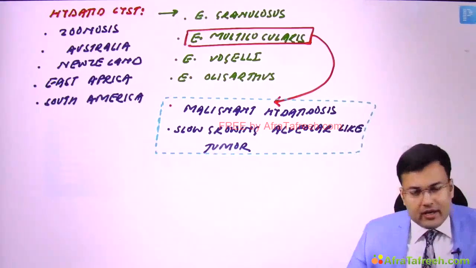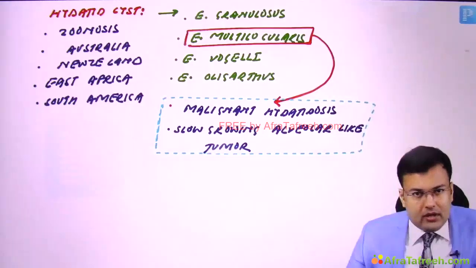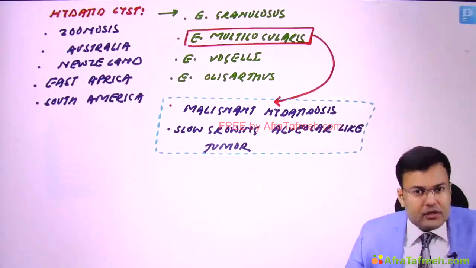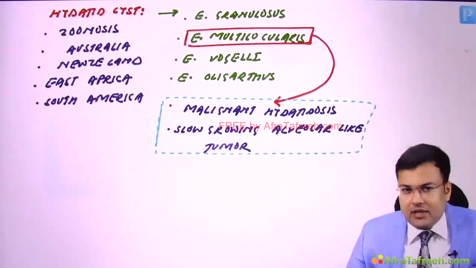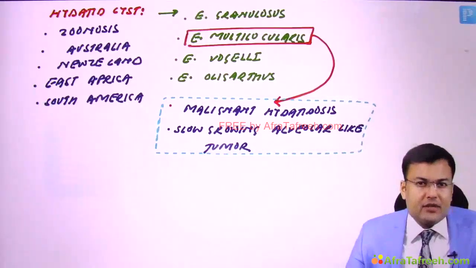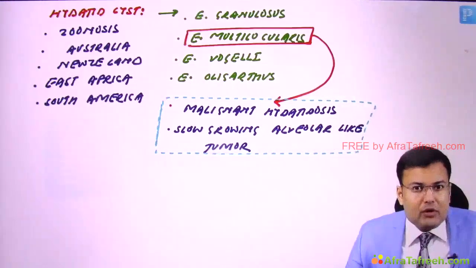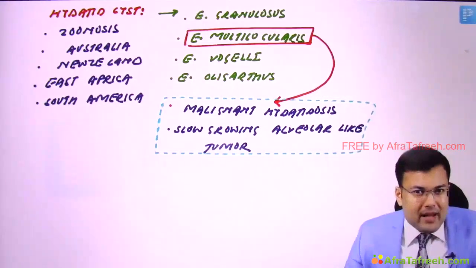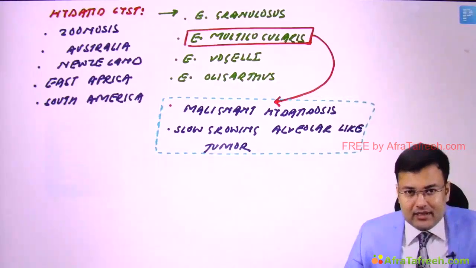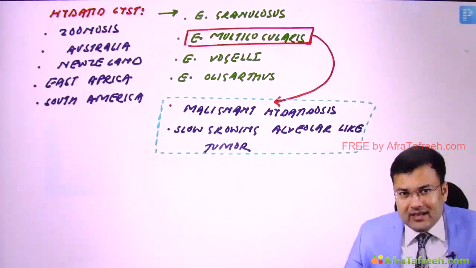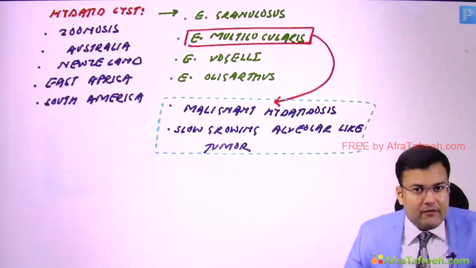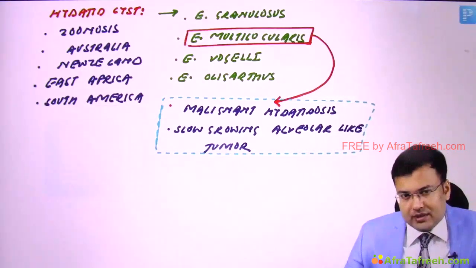Okay, so this is the organism. After that, what is the host? The definitive host is dog. What is the meaning of definitive host? The host in which sexual phase of cycle is occurring. Intermediate host is sheep. And what about human beings or man? Man is accidental. Be careful, it's accidental dead end intermediate host without human to human transmission.